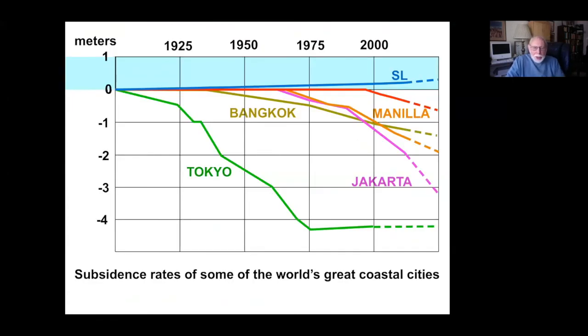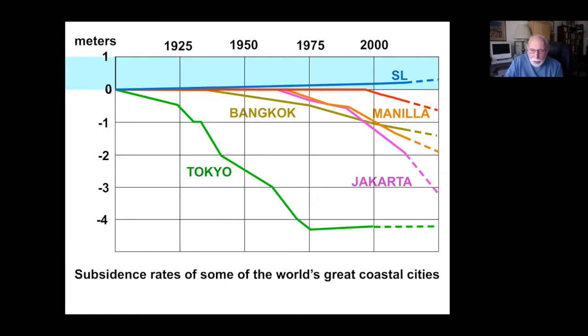And it can be impacted by human activity. Just the weight of the structures that are put on the deltas cause them to subside, or pumping out the groundwater. And this happened in Tokyo, a drop of about 4 meters that was caused by extraction of groundwater.